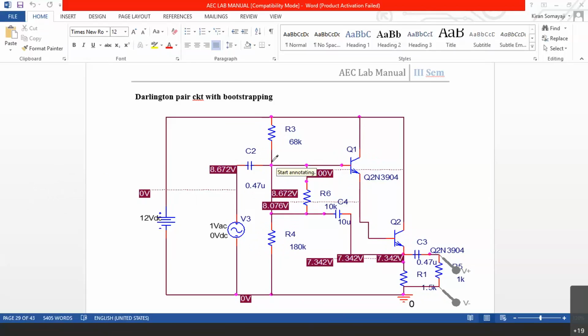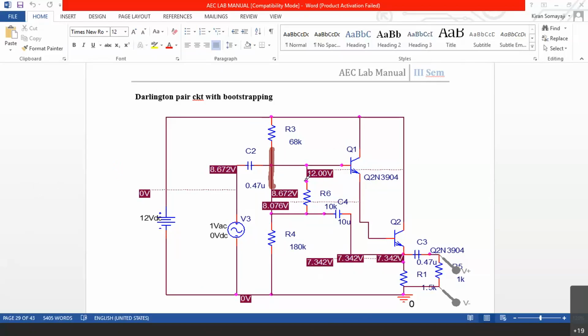See, there is no dot here. Let me use the pen tool only. There is no dot here, there is a direct connection. Whereas here, everywhere you have a dot.